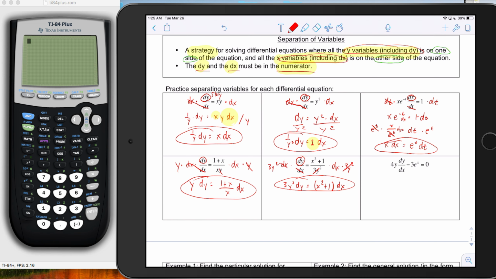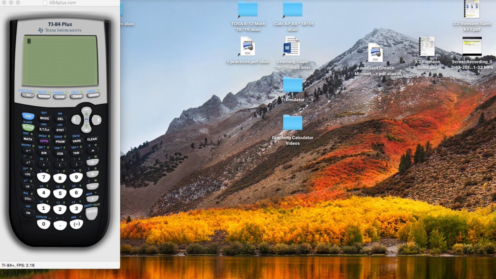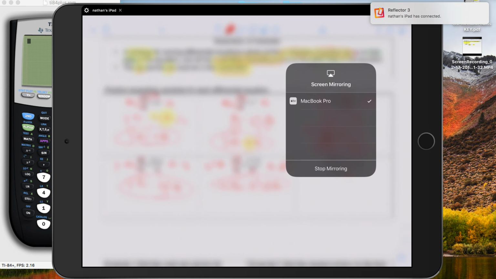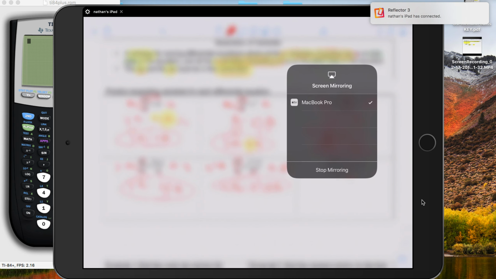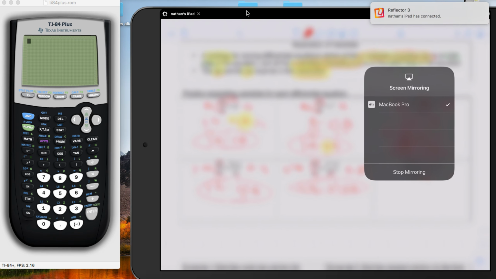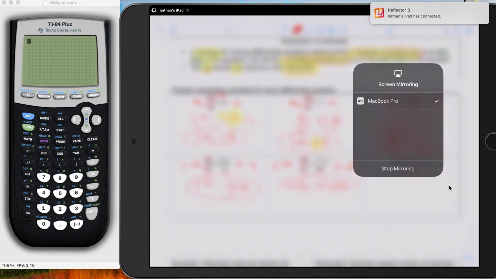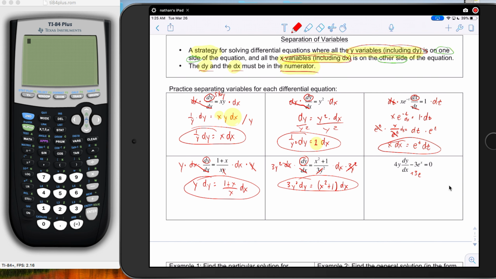Final problem. Notice that we're in kind of a standard form, so you might want to... Okay.